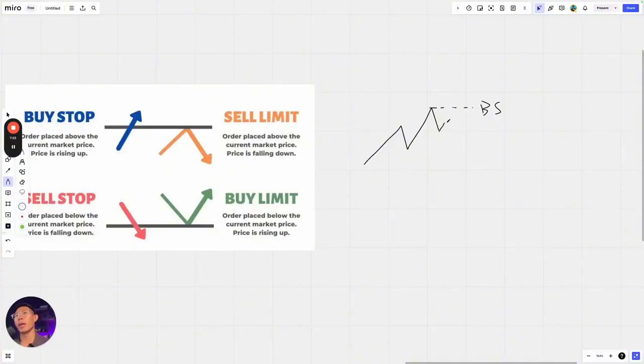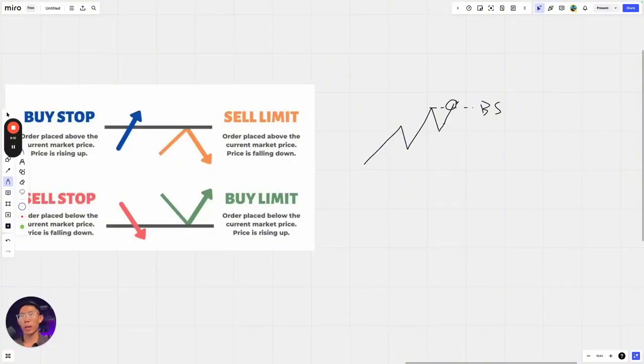You can be at the gym or spending time with your family, not looking at the charts. Never mind, go do that, because you already placed a buy stop order right here. If price reaches this area, your broker will automatically get you into a buy position, and that is what price did right here. So now you're inside the buy position, and this is what we call a buy stop.